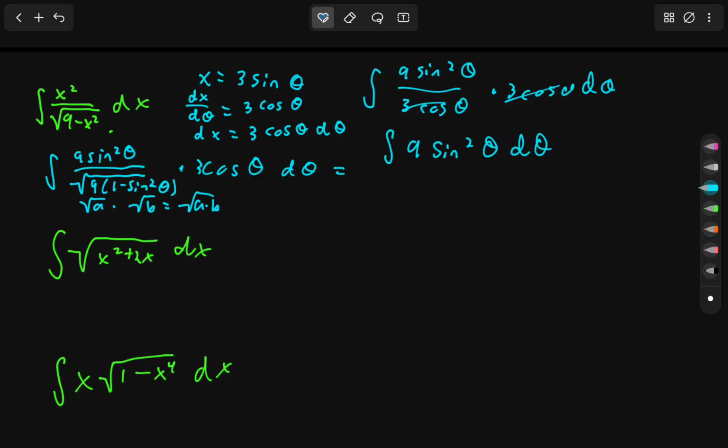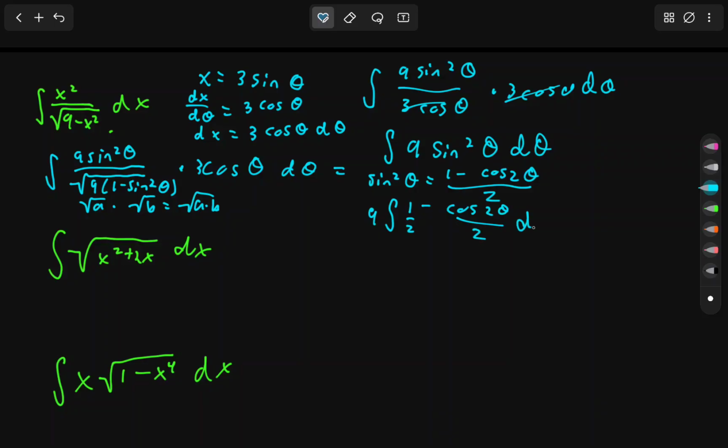We know that sine squared of theta is the same thing as 1 minus cosine of 2 theta all over 2. Well, we can substitute this expression into the integral. So this becomes 9 times the integral of 1 minus cosine of 2 theta all over 2. We're going to break this down a little and just say that this is going to be 1 over 2 and cosine of 2 theta over 2.